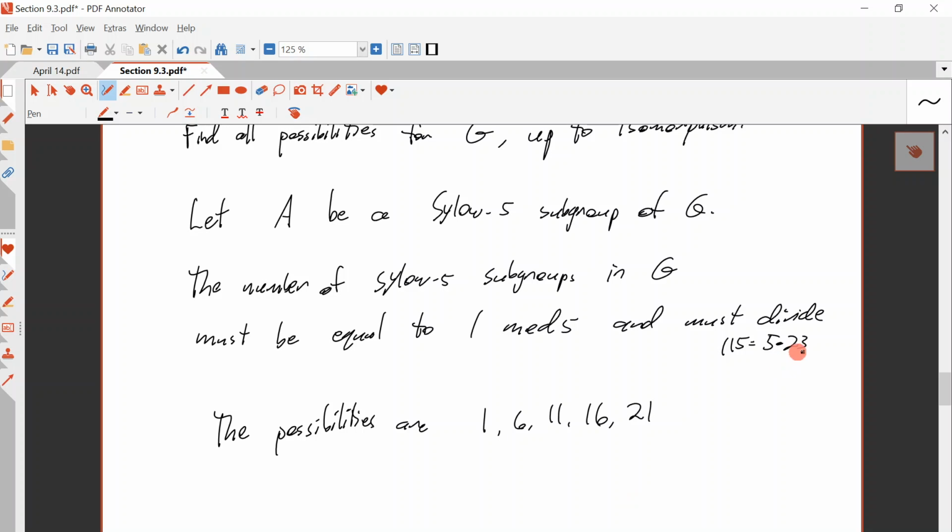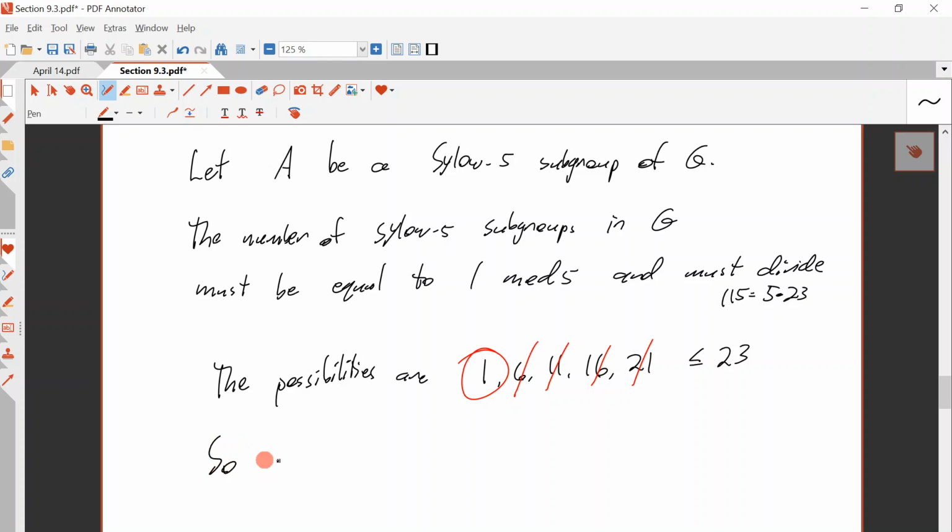That's it, because any more than 21 is bigger than 23. Six, 11, 16 and 21 are not divisors of 23. So that's the only possibility, 1. So the Sylow 5-subgroup is normal.